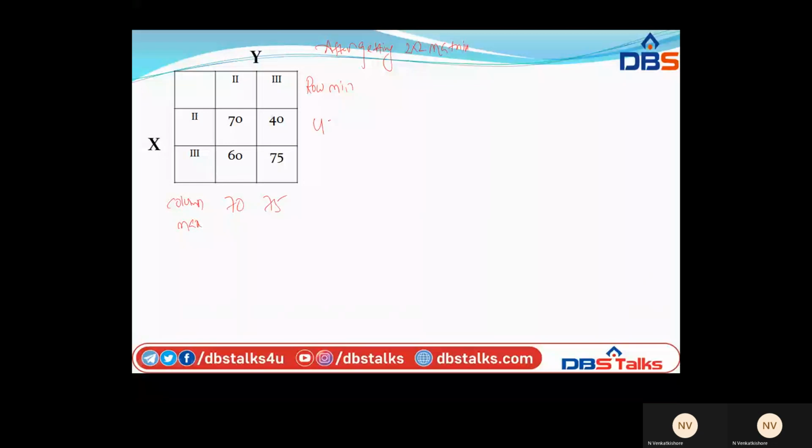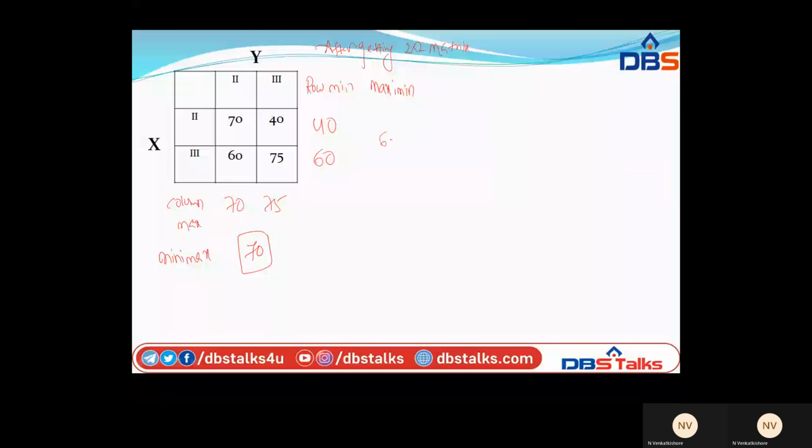Row minimum is 40, 60. After that, mini max and maxi min. Minimax means among the maximums find the minimum, that is 70, and maxi min means among the minimums find the maximum value. So here it is 60.